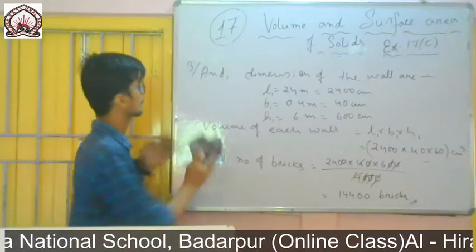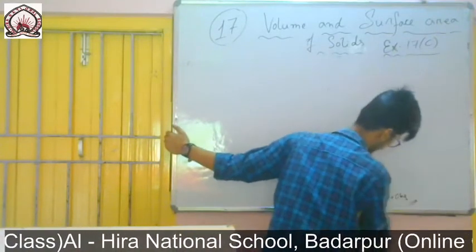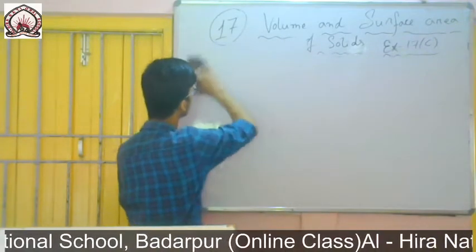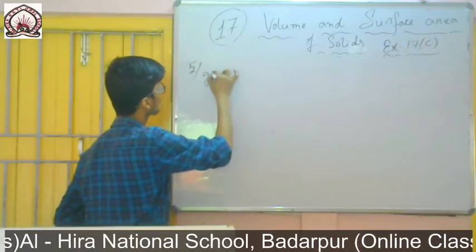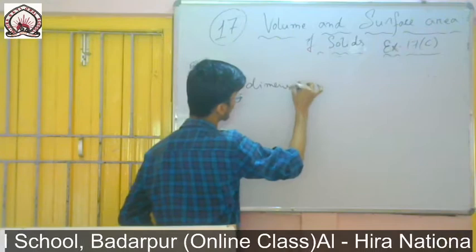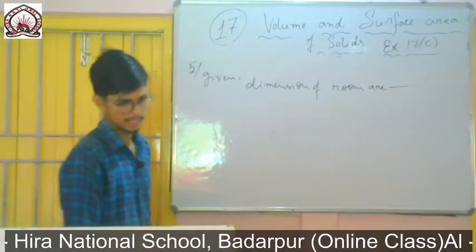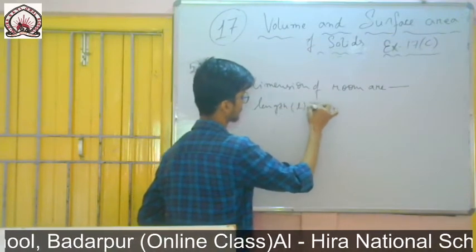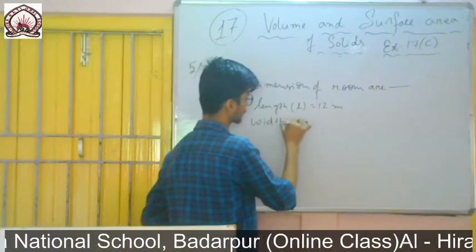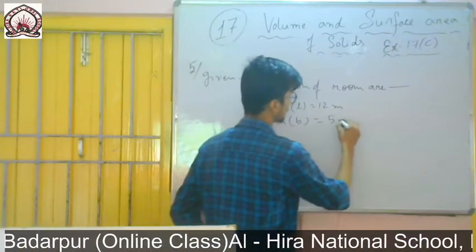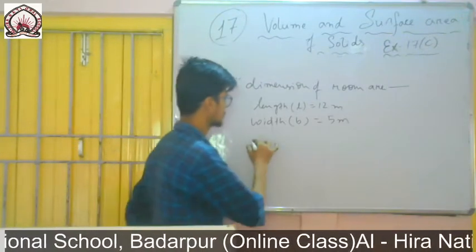Okay, let me do it. Given dimension of room are, length is given 12 meter, width given 5 meter, and then next one height given 3 meter.